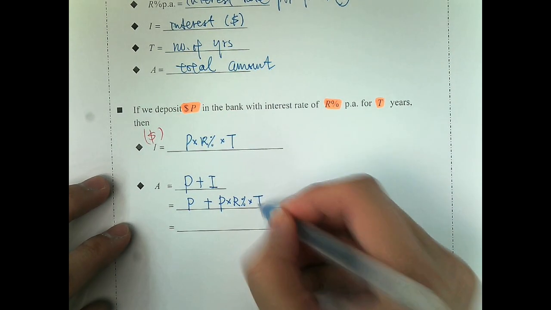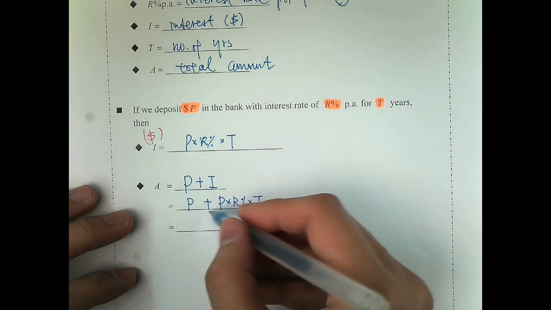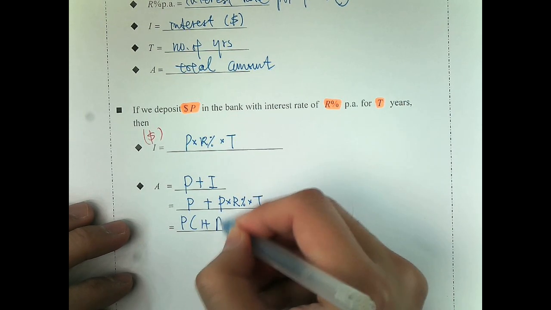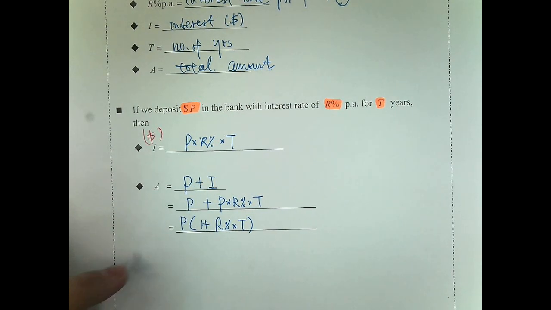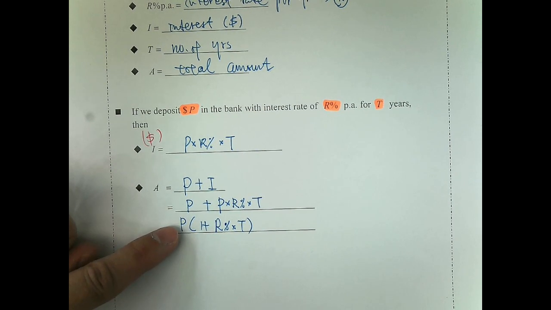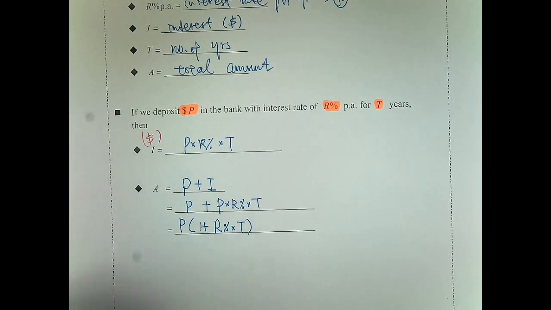And then times T. Understand? So you can use another form. You can pull out, do some simple factorize. Okay, pull out the P, and then you have this. Okay, but we don't usually use this. We don't use this frequently. Understand? But we use this. Understand? So remember this formula. It's okay.